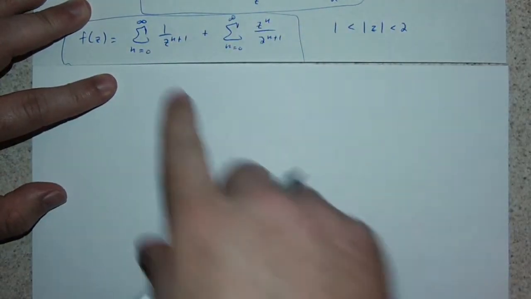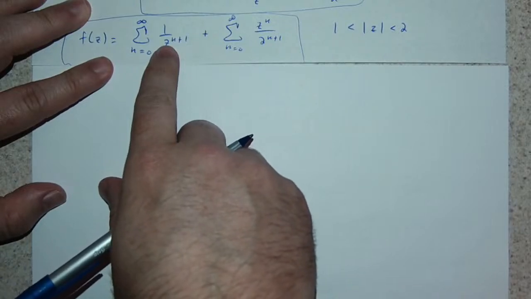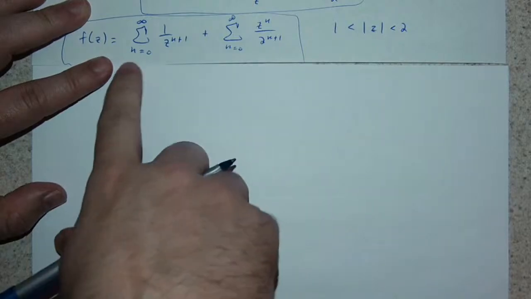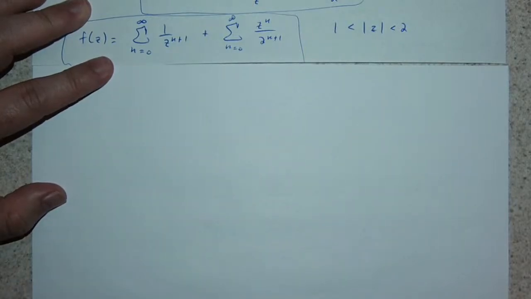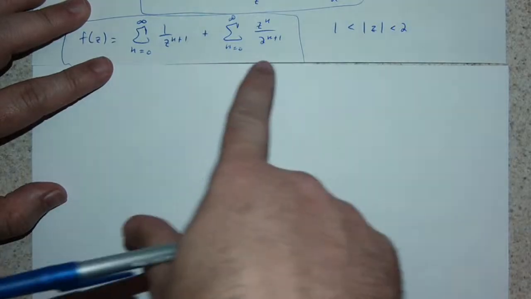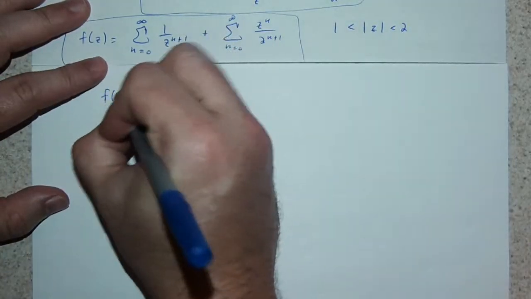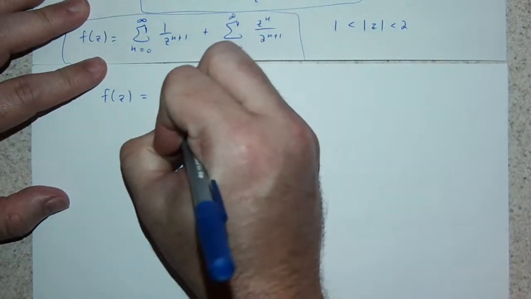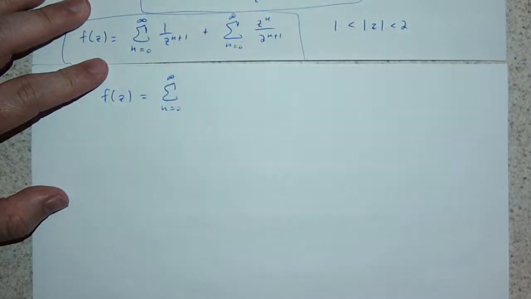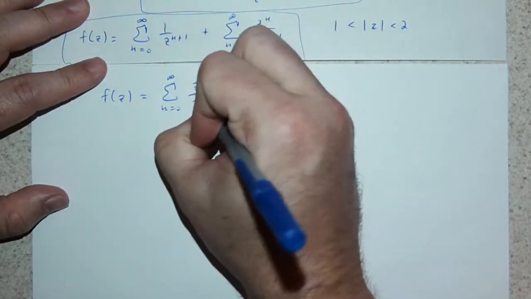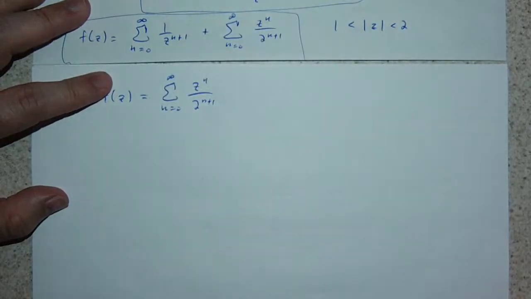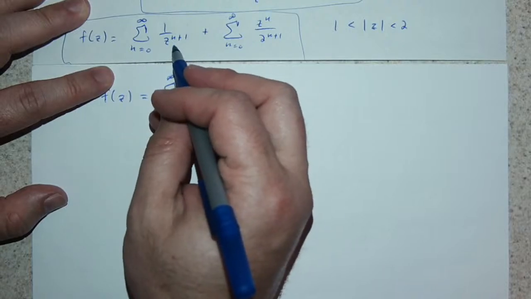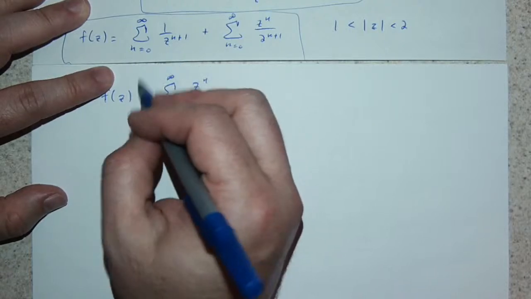So here, I can swap the index, right? So I can swap the index here, and instead of using n, I can sum by n minus 1, and then I can just swap the series around here. So for instance, I can rewrite this as f of z is the sum from n equals 0 to infinity of z to the n over 2 to the n plus 1, so that's still fine. Okay, plus if I now do an index shift where my index is now n minus 1 instead of n, right?